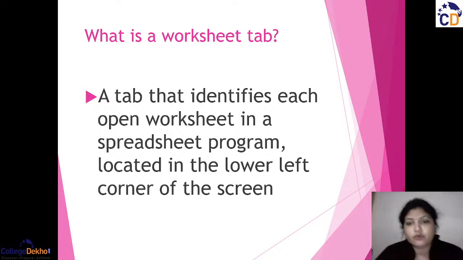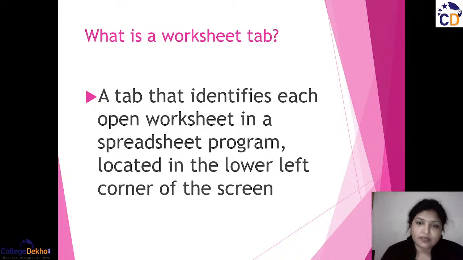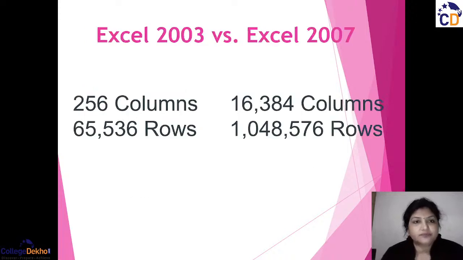So I may type the sheet name as January for January attendance, then February for February attendance, March for March attendance, and so on. So I may change the sheet name also according to our requirement, right?